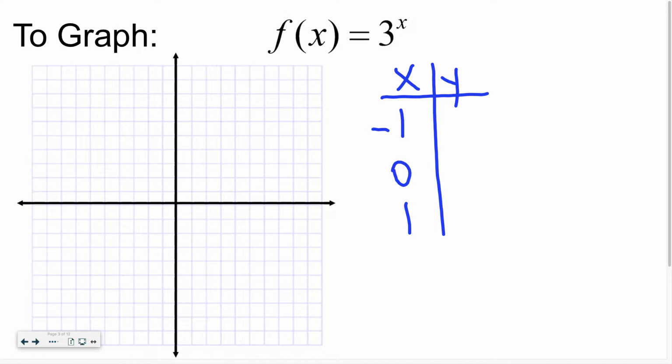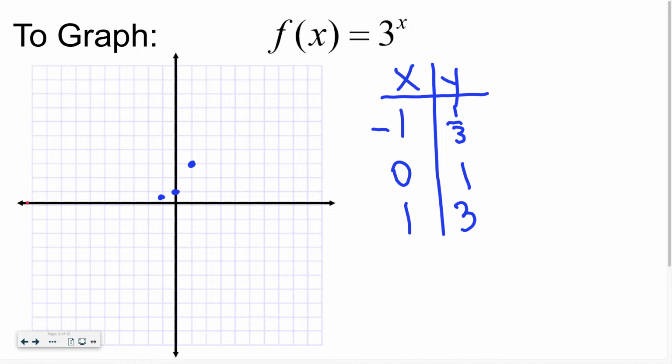Okay? So, if we plug these in, what's 3 to the 1? Okay. What's 3 to the 0? 1. And what is 3 to the -1? It's the same thing as 1 over 3. Okay? Those are nice numbers, right? We don't have to think too hard to get those. Okay? So we can plot (1, 3), (0, 1), and (-1, 1/3).